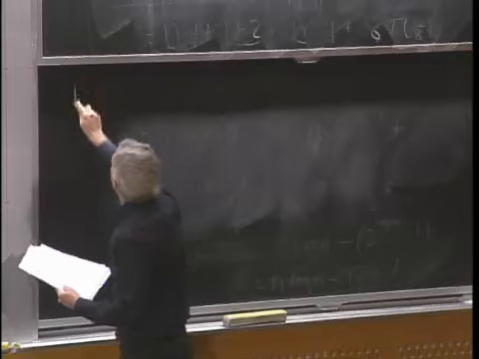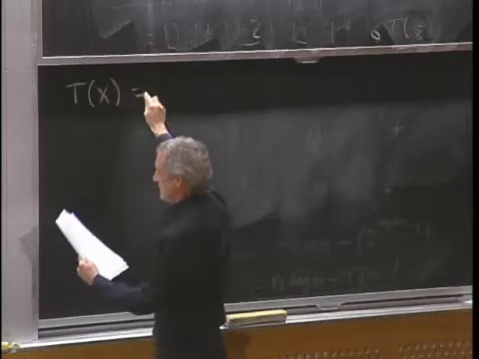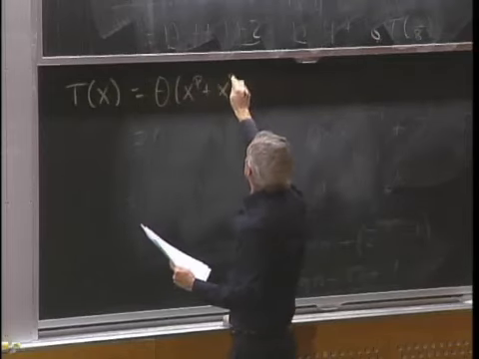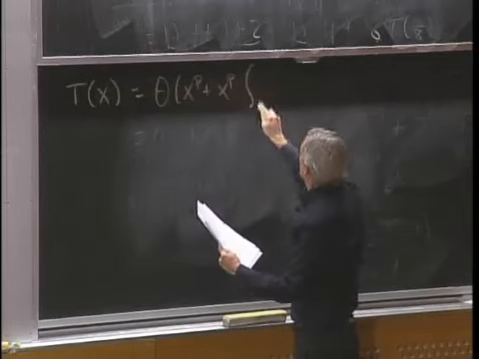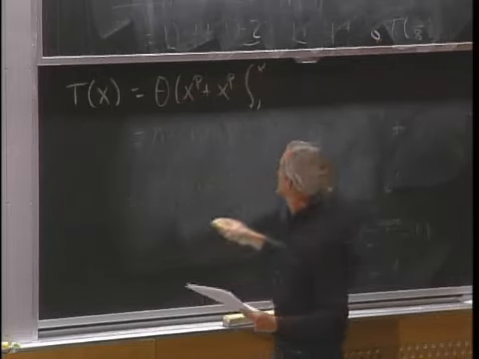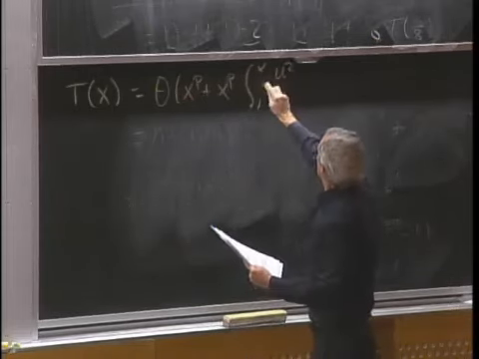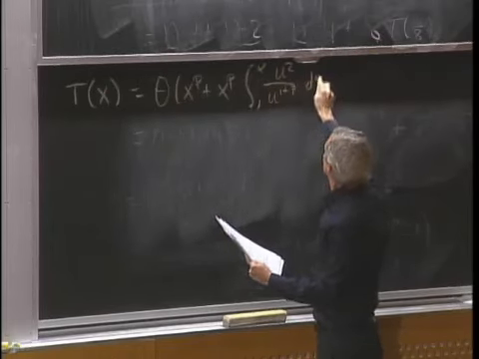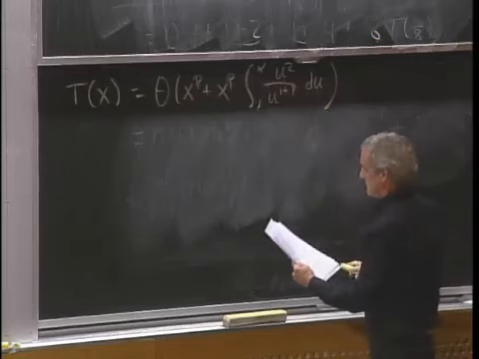So I'm just going to try to solve it, write the solution anyway. T(x) equals theta of x to the p plus x to the p times the integral from 1 to x. What's g(x)? x squared. So that's u squared over u to the 1 plus p. I still don't know what it is, but I'm going to give it a try here.